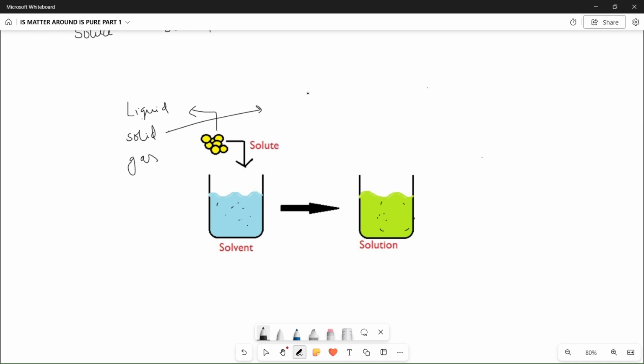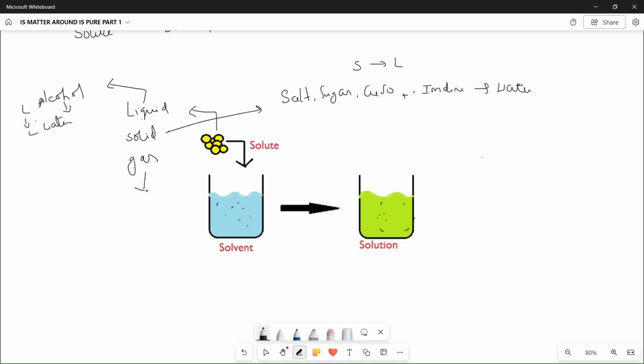Solid in liquid: the best examples are salt, sugar, copper sulfate, or iodine, known as tincture, dissolved in water. Another example, liquid in liquid: alcohol in water. Another, gas in liquid: oxygen dissolved in water, and aerated drinks in which carbon dioxide is dissolved in the drink.